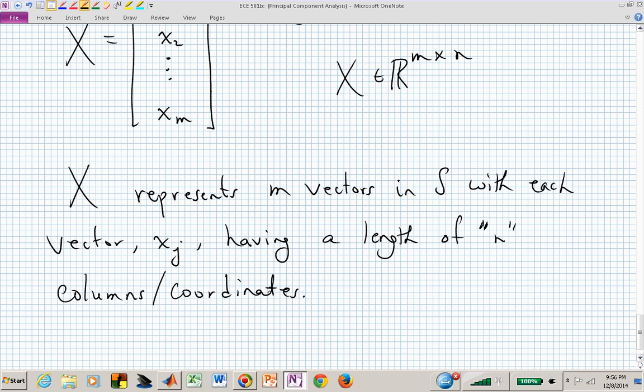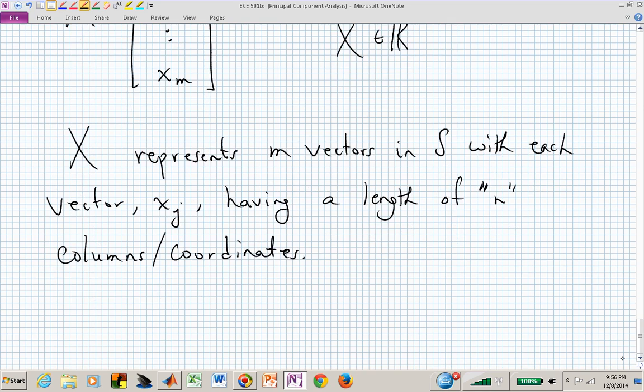So each measurement has little n elements in it, or coordinates, and we've taken m such measurements.